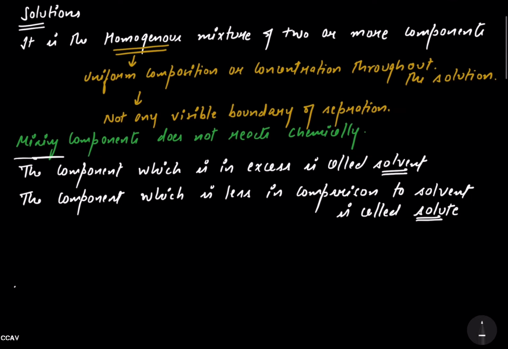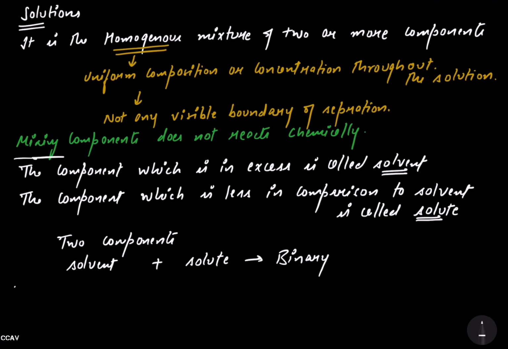Now, what's my next topic? When there are only two components, that is solvent and solute, then that solution is called a binary solution. We have two components, one is the solvent and the other is the solute.